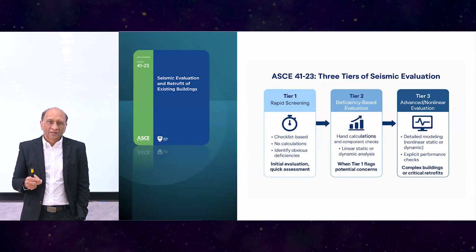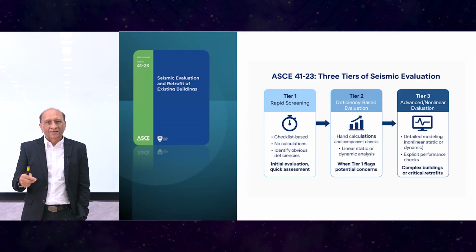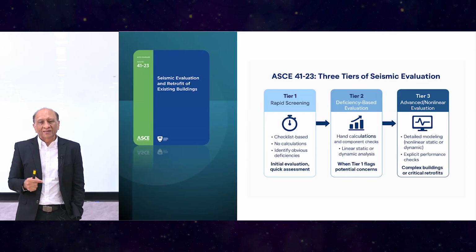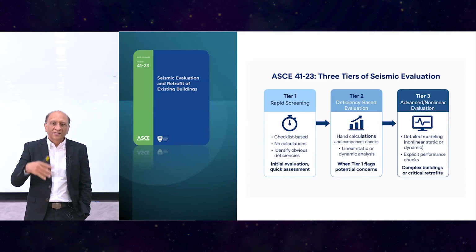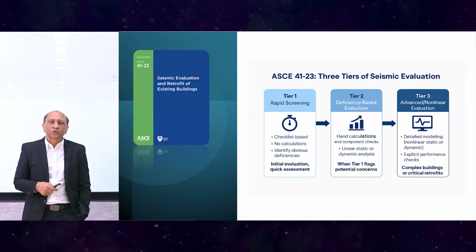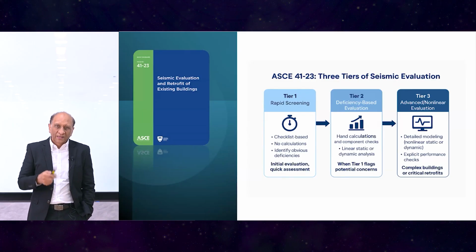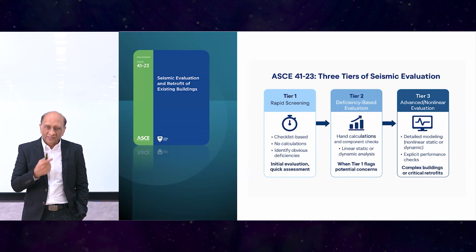It's like a checklist, and this can be done quickly. At the first level, no calculations are needed, such as a basic vulnerability checklist, whether the building is like this. There's a whole lot of things that you can check, and it's a visual observation. Plus, looking at the drawings, we can complete that. This is the initial assessment.